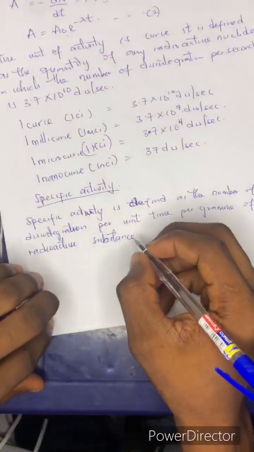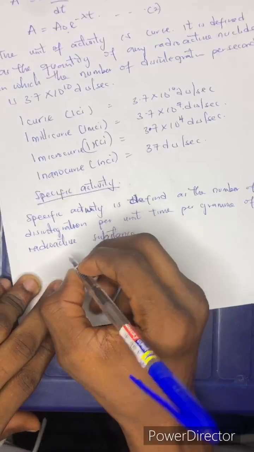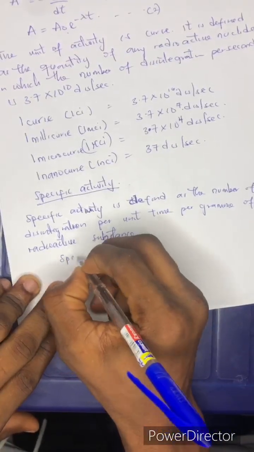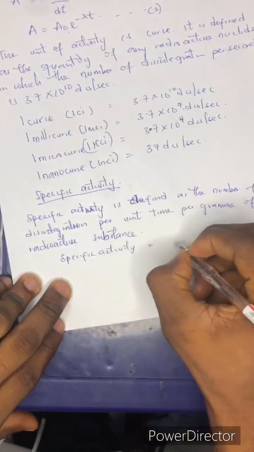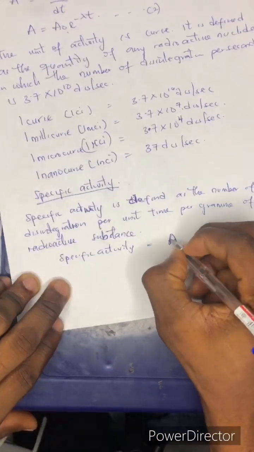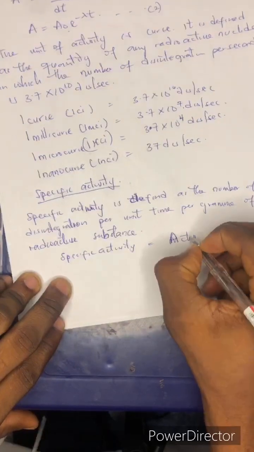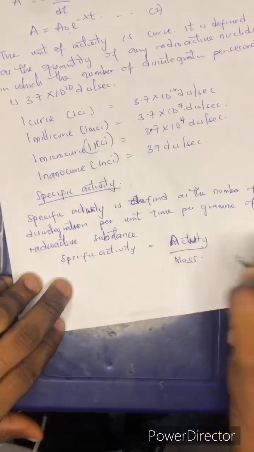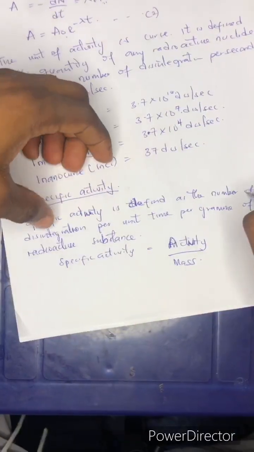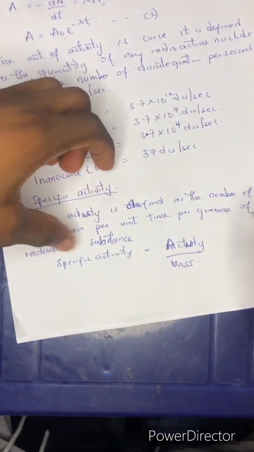So with that being said, specific activity is equal to activity over mass. That's all. It's defined as the number of disintegration per unit time per gram of a radioactive substance.